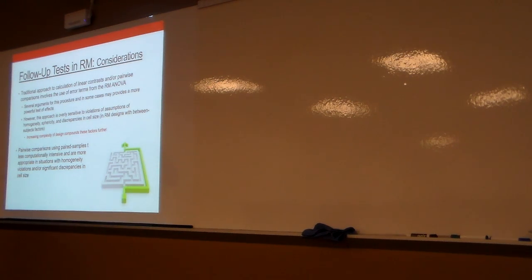So we're going to go through procedures for how we would run some of these analyses. Remember that if you've got violations, discrepancies in cell sizes, things along those lines, paired sample tests are always something that you can reasonably fall back on. Particularly for between subject stuff, we lose some power, right? Because we're not pulling our degrees of freedom error from the ANOVA table.